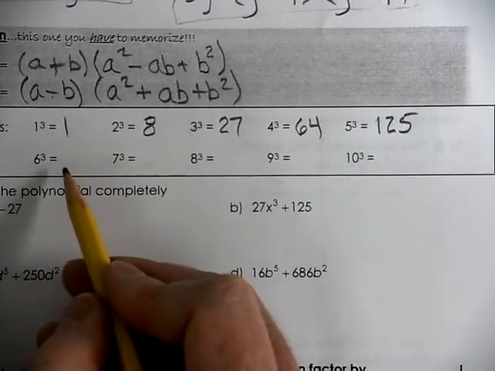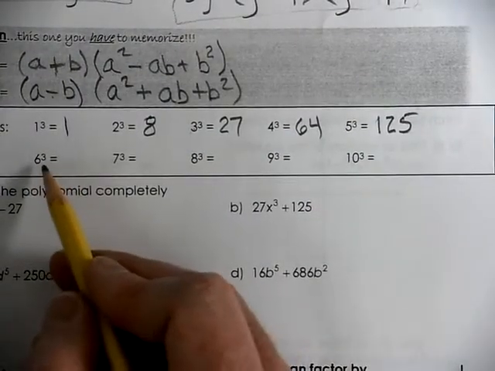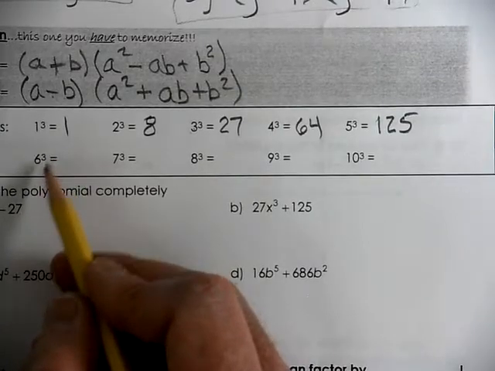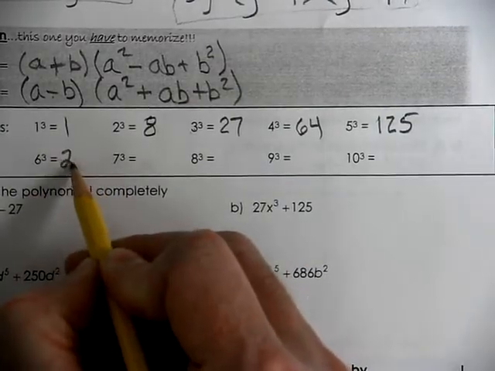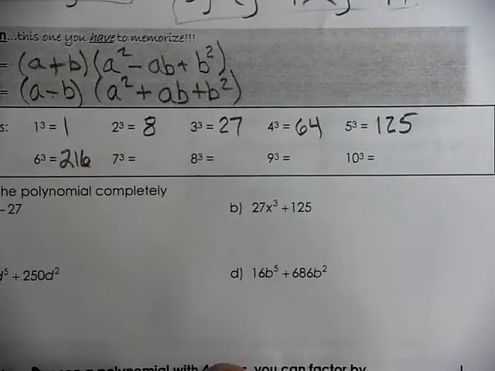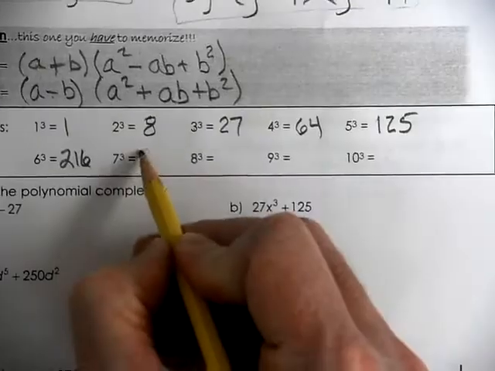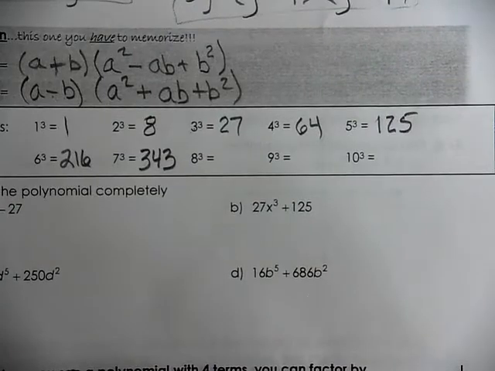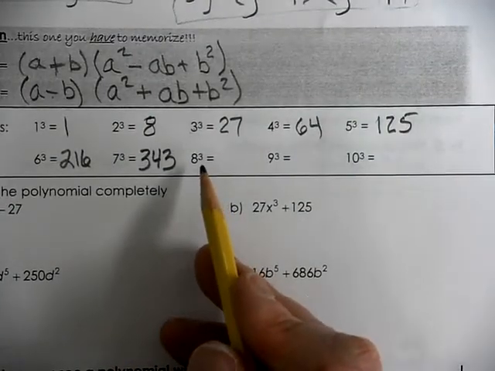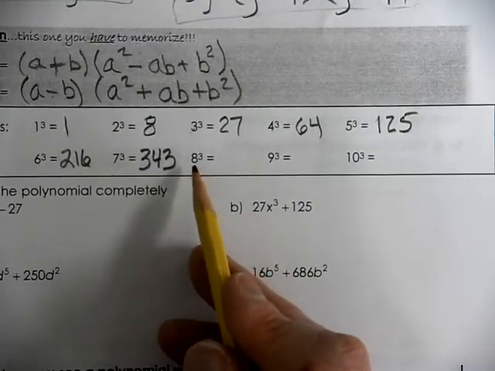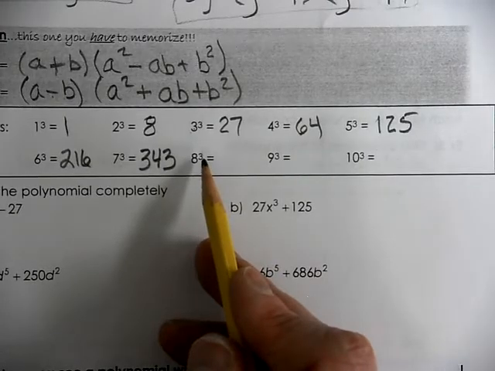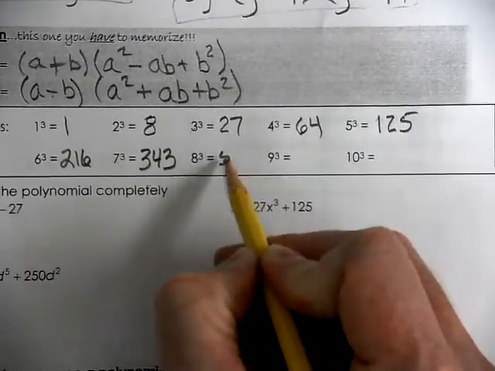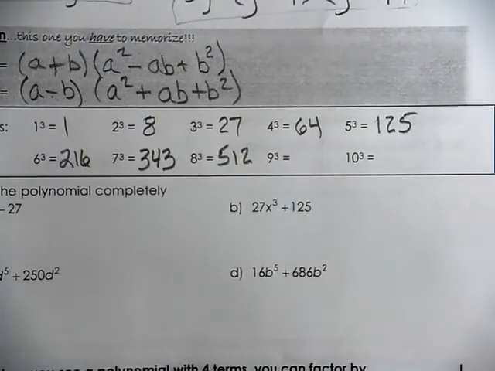Now we get a little bit crazier. 36, because that's 6 squared, times 6 is 216. 343. Now this is 64 times 8. That's going to be 512.